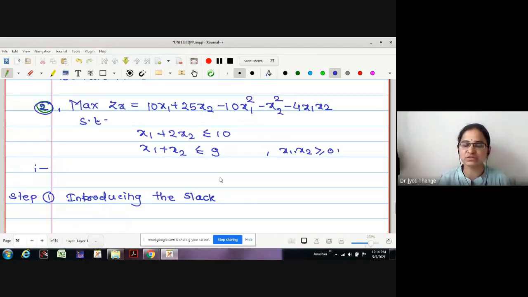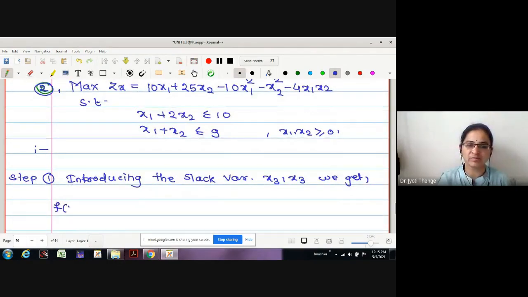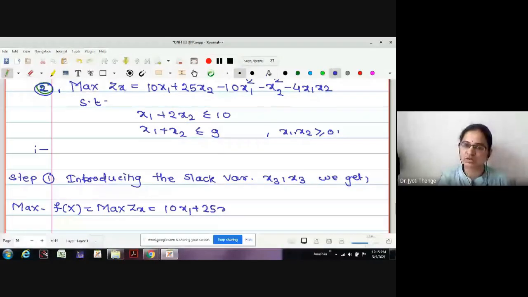Now we need two slack variables, correct? Okay, let me introduce the slack variables x3 and x4. Let me write the problem again. Maximize z of x equal to 10x1 plus 25x2 minus 10x1 square minus x2 square minus 4x1 x2.